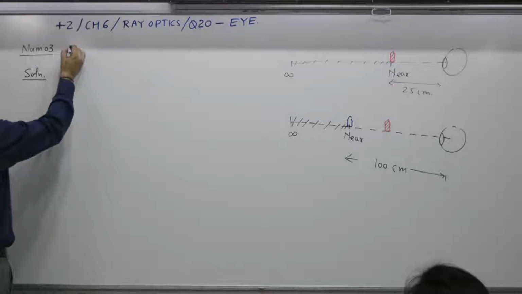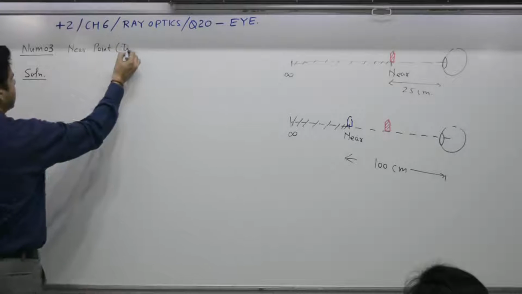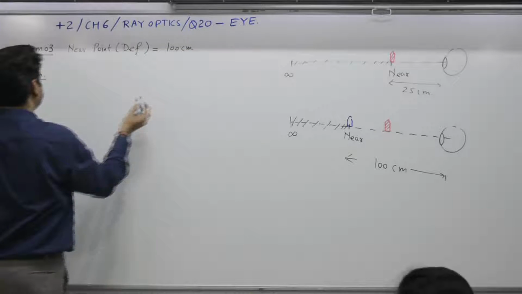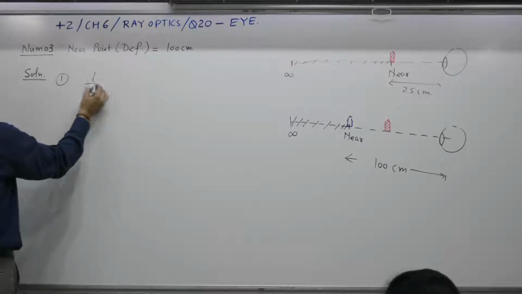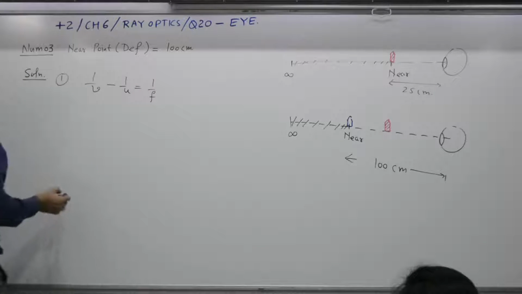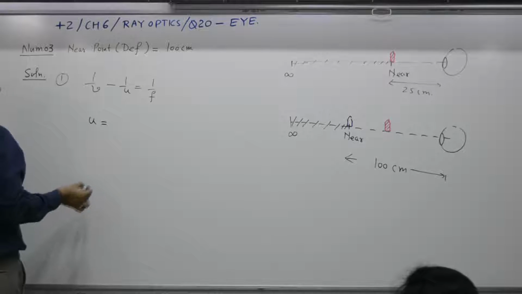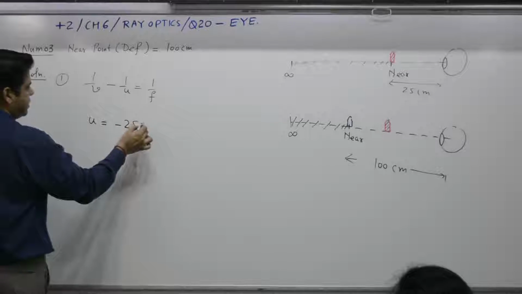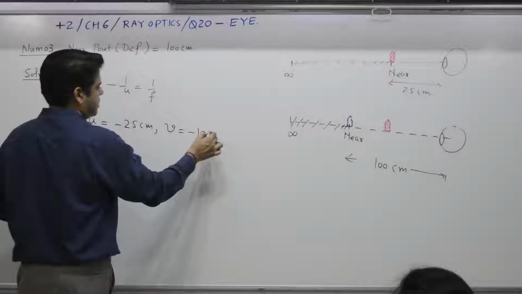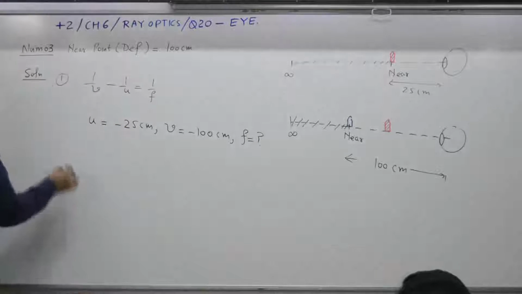So the near point of the defective eye is 100 centimeter. Solution, step number 1: 1 by V minus 1 by U is 1 by F. U is equal to minus 25 centimeter. V is equal to minus 100 centimeter. You have to find F and then power.